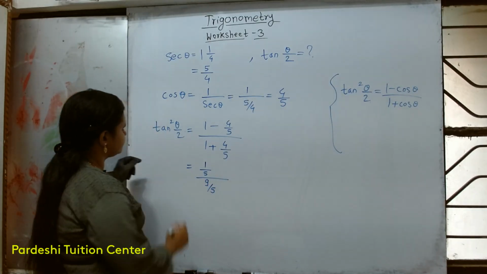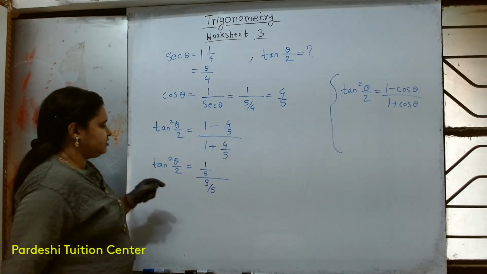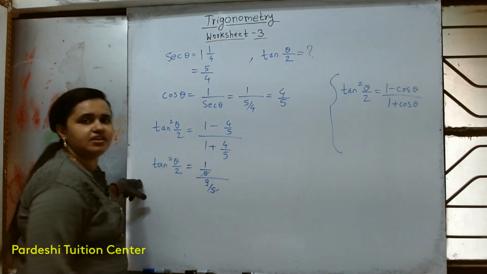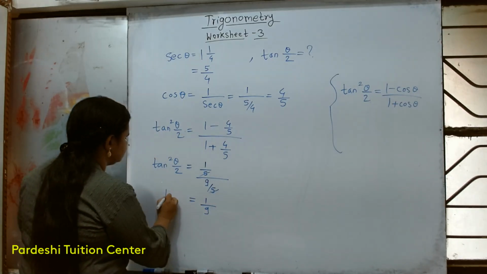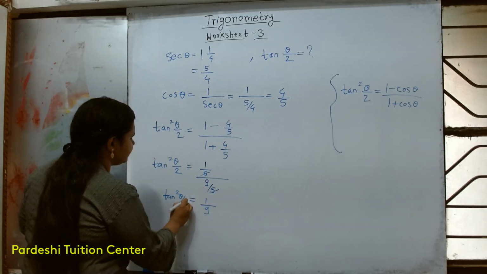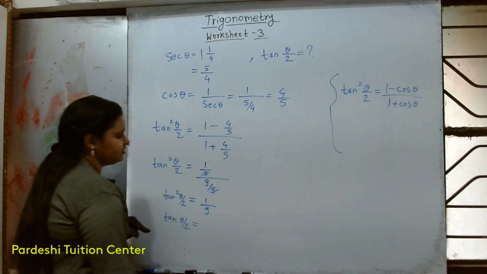Okay. But this is the value of tan square theta by 2. Now 5 will get cancelled, so we have got 1 by 9, but it is the value of tan square theta by 2. By taking square root on both sides, what we will get?